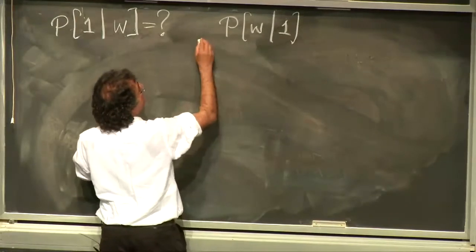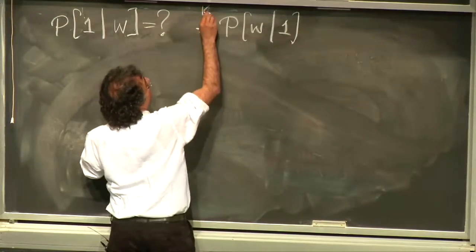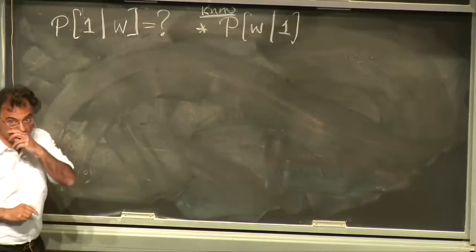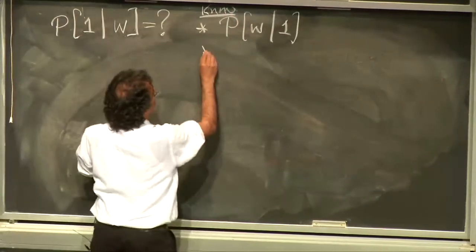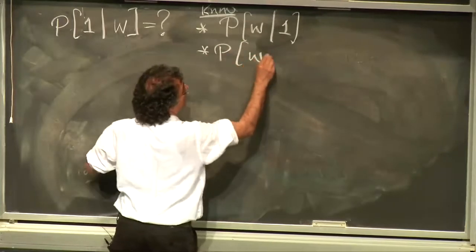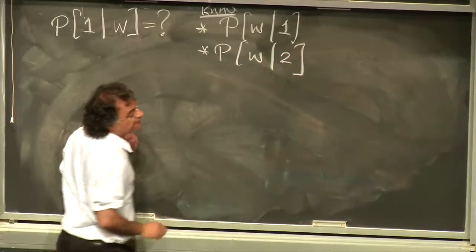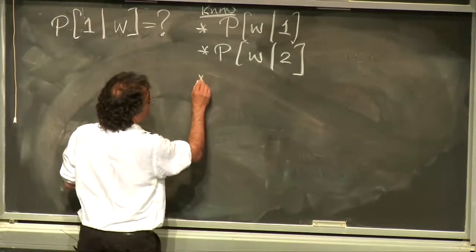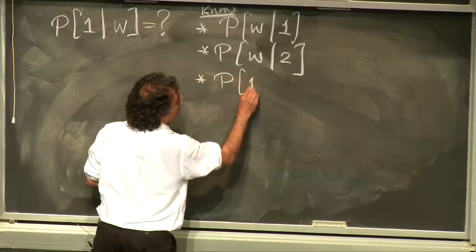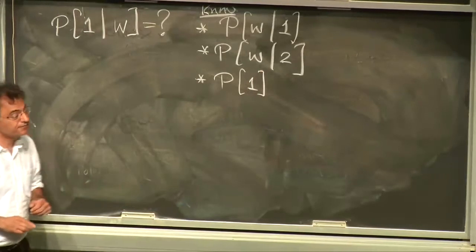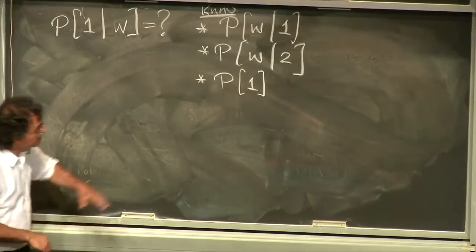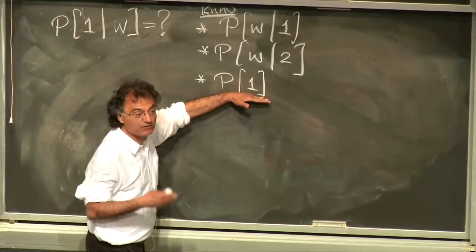Okay, so these are things that we know. We also know the probability of white given 2. And we know the probability that we chose bin 1.